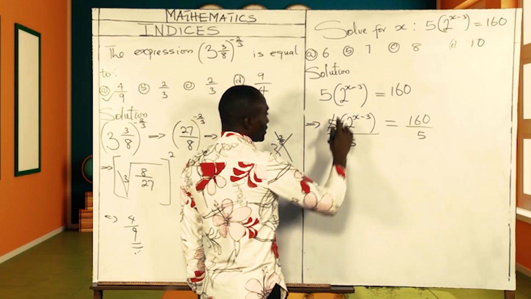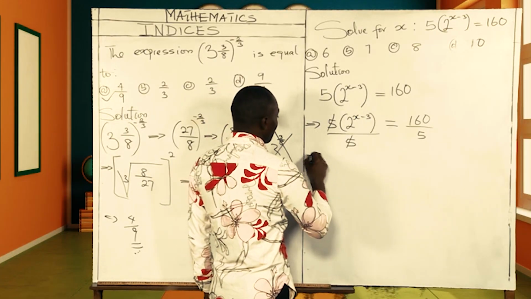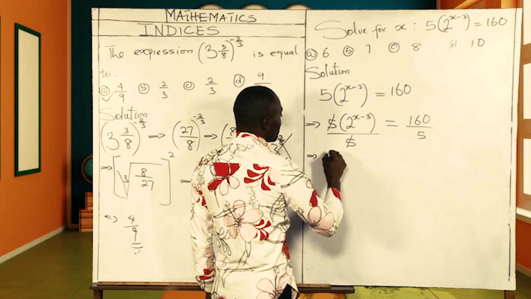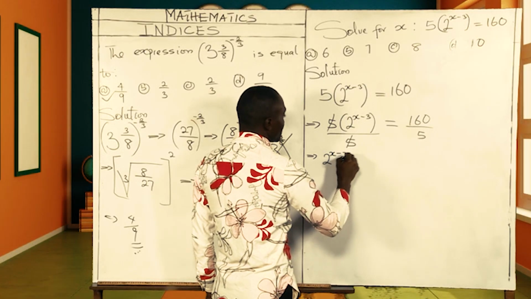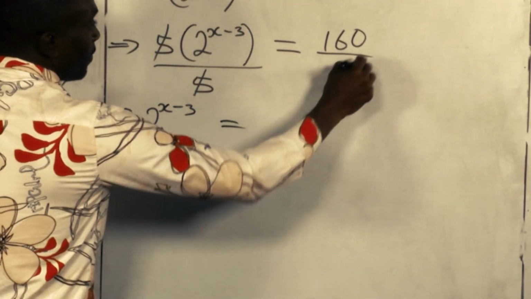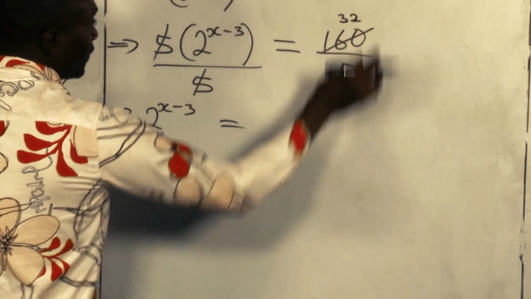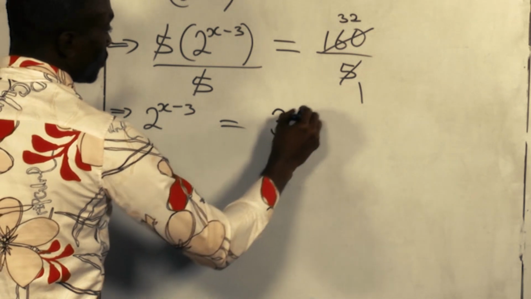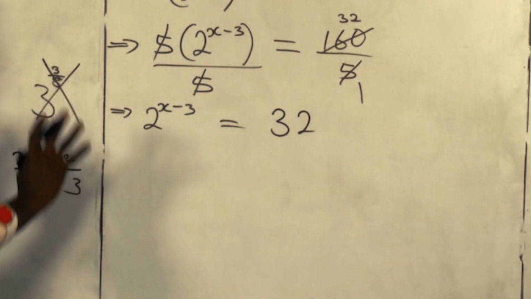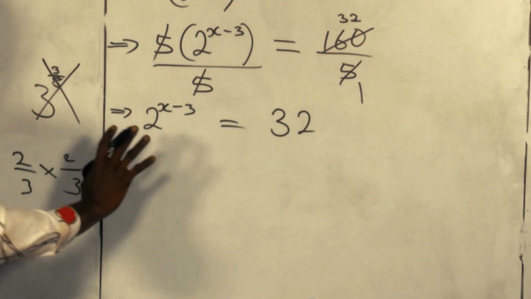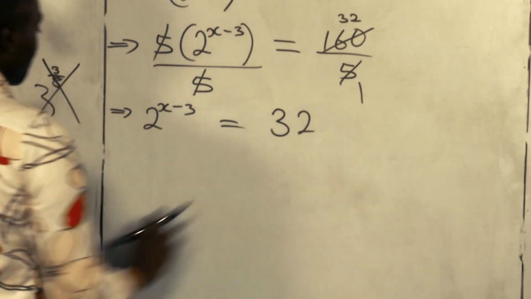This 5 will cancel this, so I'll be left with 2 raised to the power x minus 3 equals 160 divided by 5, which gives us 32. So this is what we are having now.